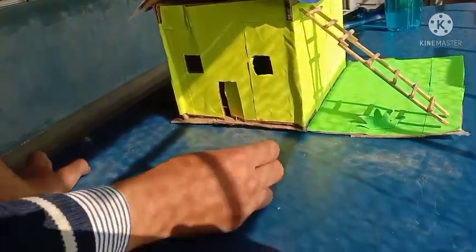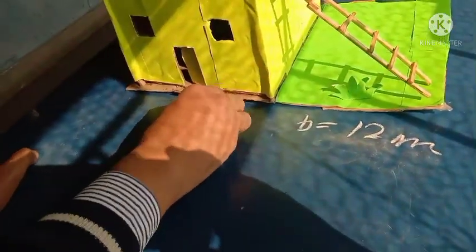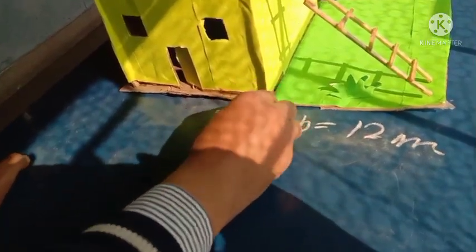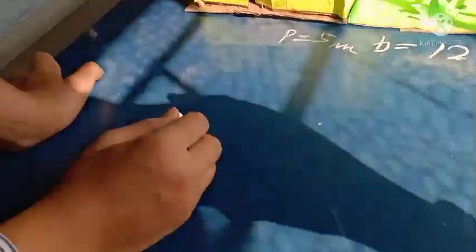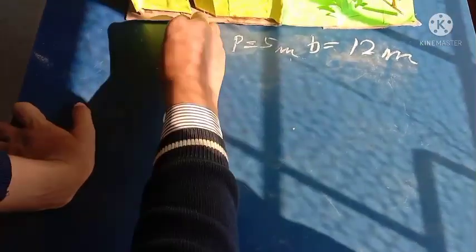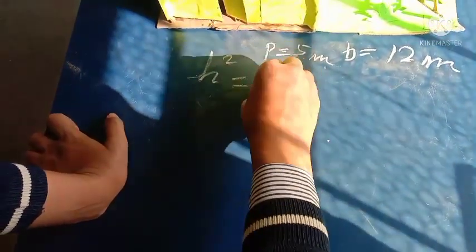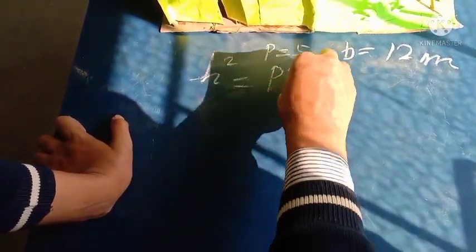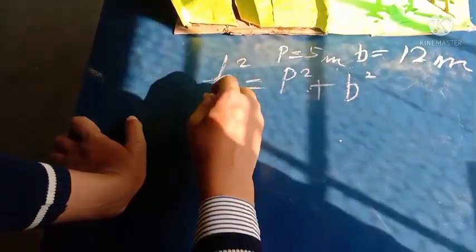So here the base is equal to 12 meter. The perpendicular is equal to 5 meter. So here we have to write the formula also. Hypotenuse square is equal to perpendicular square plus base square.